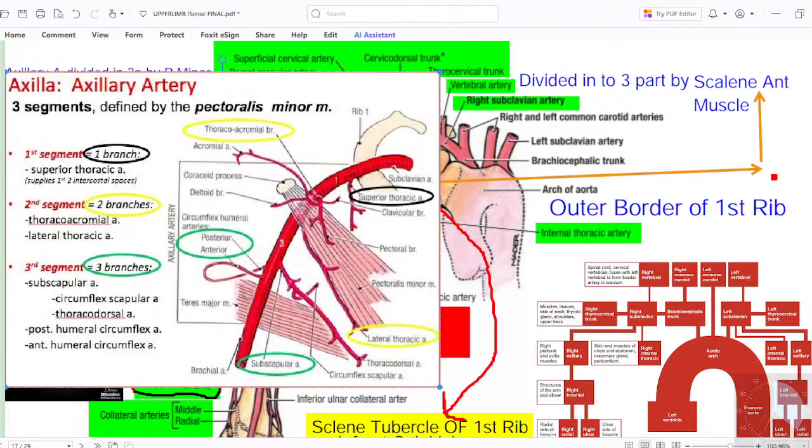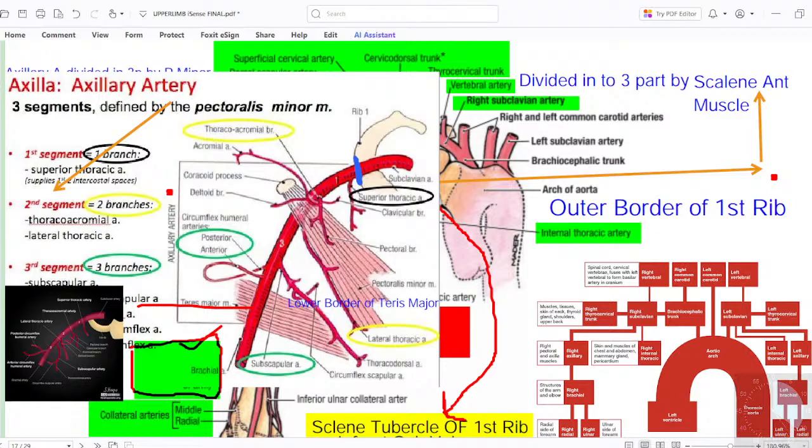So first is the subclavian artery; when it crosses the lateral border of the first rib, it becomes the axillary artery, and then at the lower border of the teres major, it becomes the brachial artery.